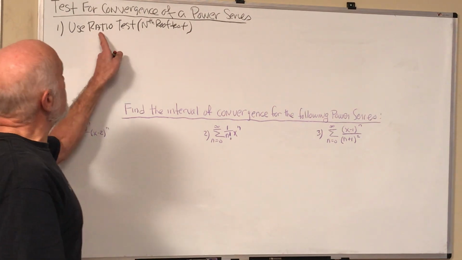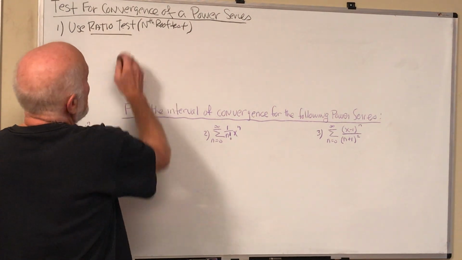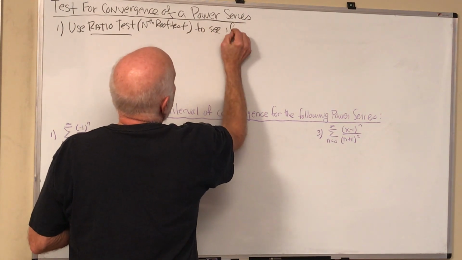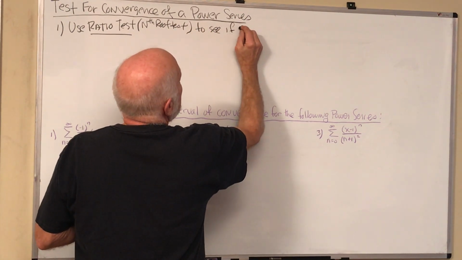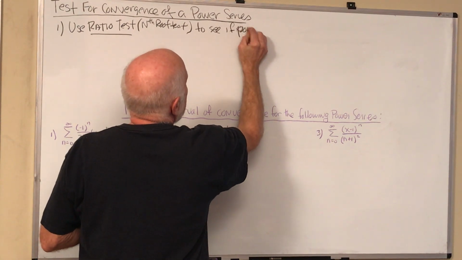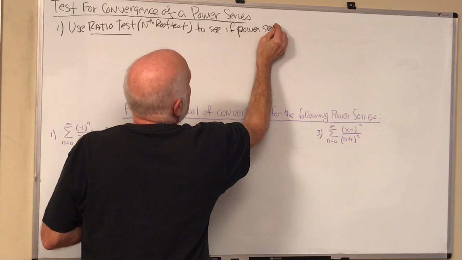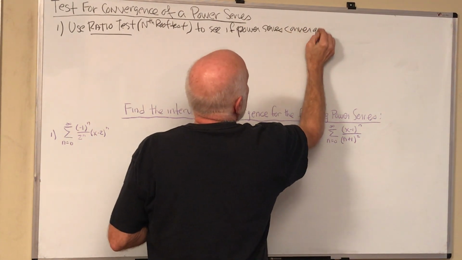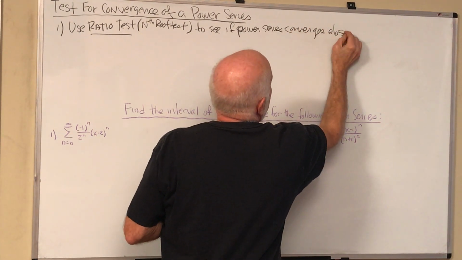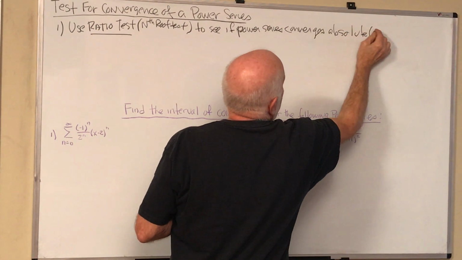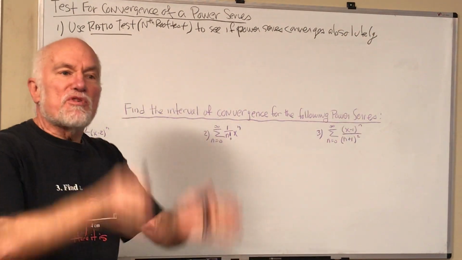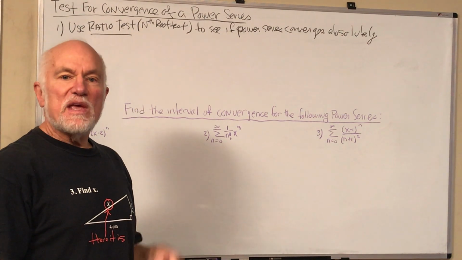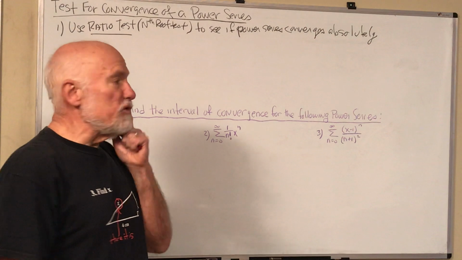So what we're going to do is use the ratio test, but to see if the power series converges absolutely. In other words, we're going to make all the terms positive so that we can use the ratio test, and then we can see where it converges absolutely.